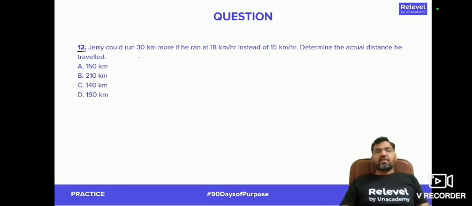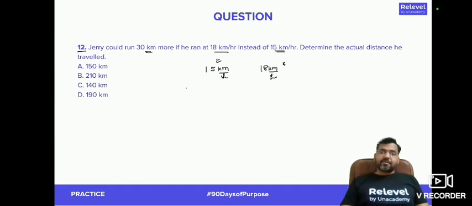Jerry could run 30 km more if he ran at 18 km per hour instead of 15 km per hour. Determine the actual distance he traveled. I can see that the two speeds given, one is 15 km per hour, another is 18 km per hour. Now see that if the person is traveling at a speed of 18 km per hour, the distance traveled is 30 km more as compared to the distance traveled at 15 km per hour.